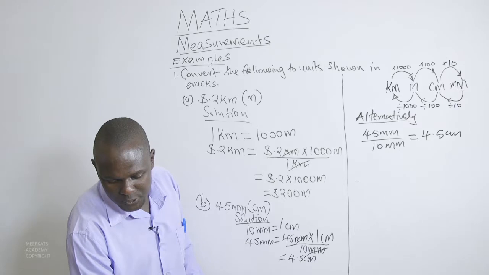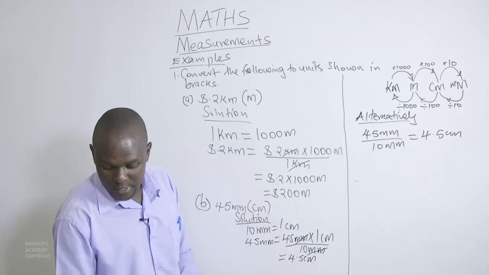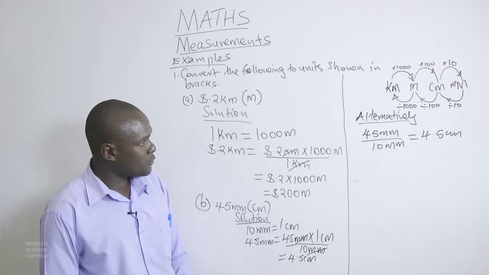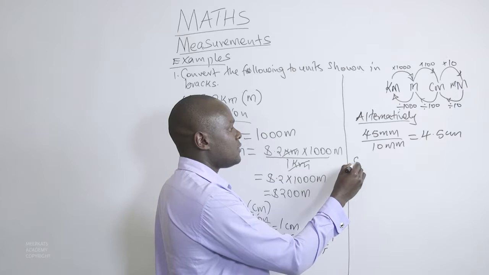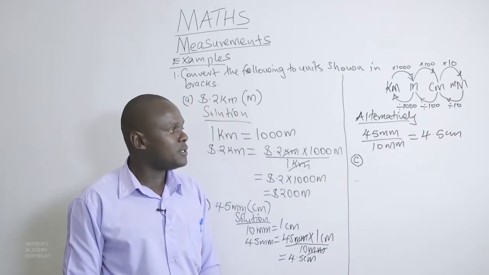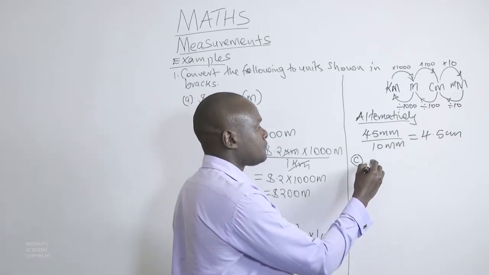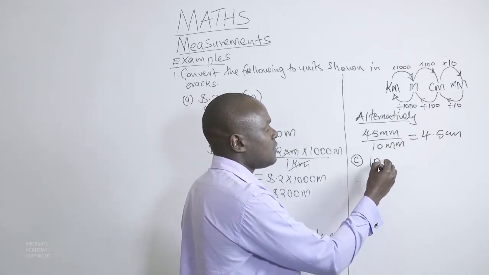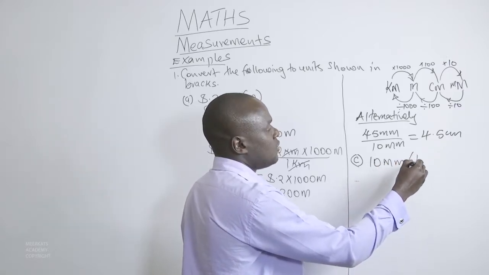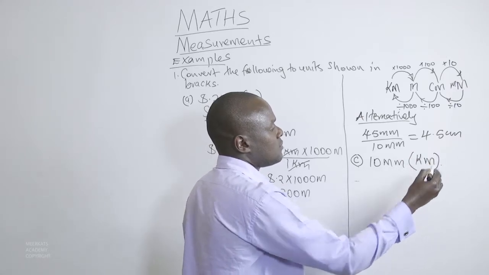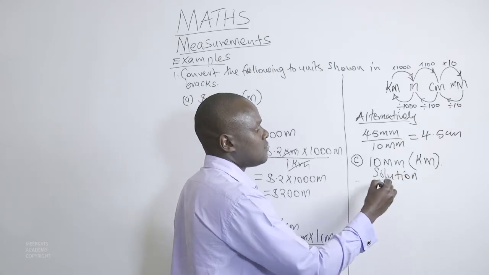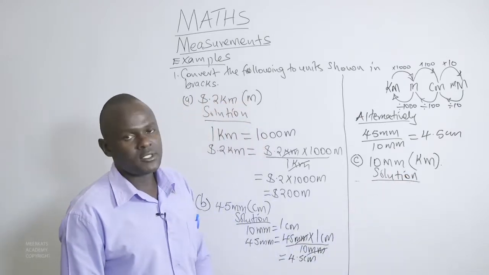Is it possible that we can be given some very small units, and we are told to convert to larger ones? Let us see this part C, where we have been given 10 millimeters, and we have been tasked to convert this to kilometers.